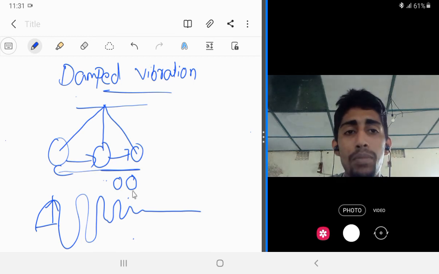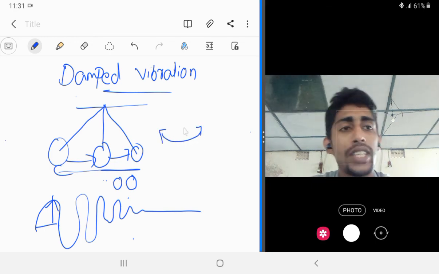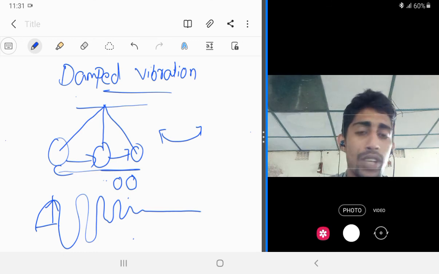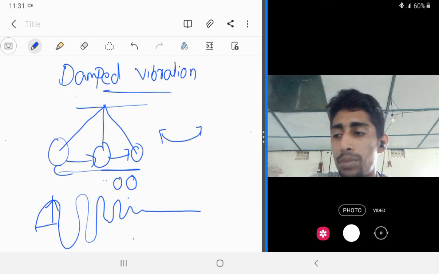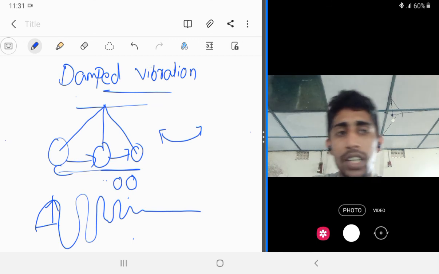Natural frequency means the number of vibrations in 1 second. And in page number 116 there is a table which explains the difference between free vibration and damped vibration.